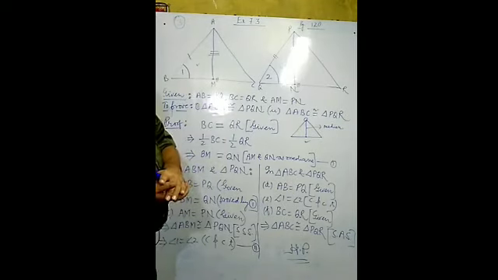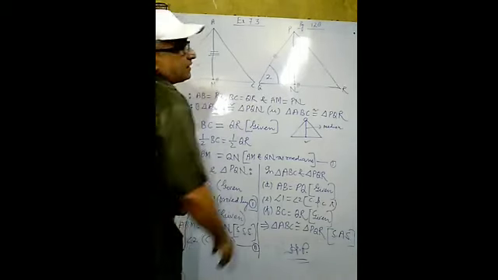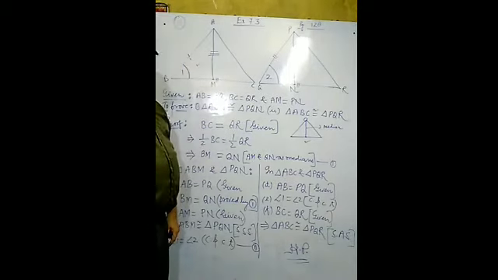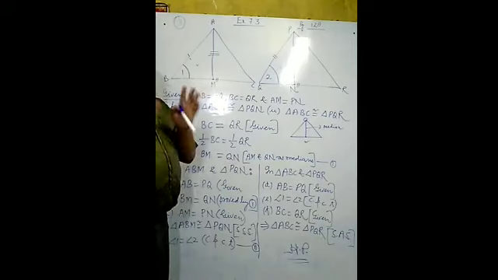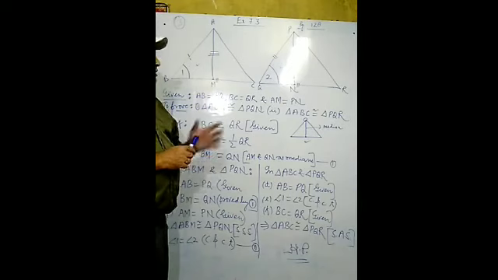In this way, what can be said? On the basis of these 3 matching parts, side, side, side, both the left hand side triangles are congruent. It means the first part of this question is proved.